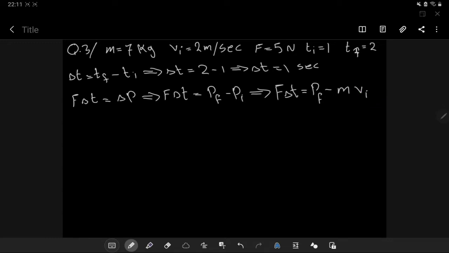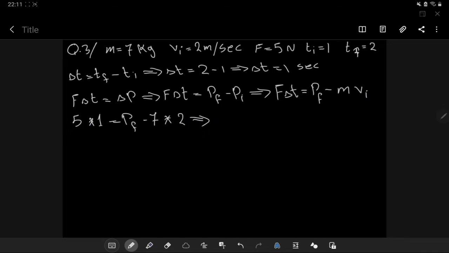Now we will write the numbers. F, we have it in the question, which is 5, multiplied by delta T, which we calculated, which is 1 second. So 5 multiplied by 1 equal to P final, which we need to find, minus the mass, which is 7, multiplied by V initial, which is 2.